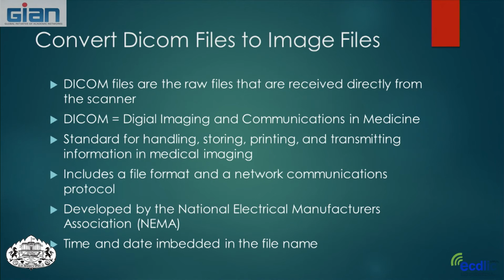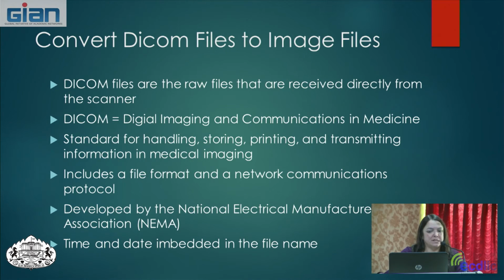So these come directly from the scanner. DICOM stands for Digital Imaging and Communications in Medicine. And this is a very standard format for the images to come in. So they're standardized in order for everyone to handle, store, print, and transmit them, so that everybody collecting medical data has a similar format when they get these images.